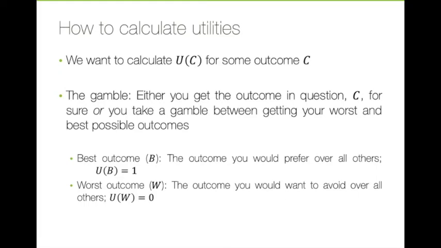So that's the maximum. The utility of our worst outcome, W, the one we want to avoid over all others, will be 0. Those are the two ends of the scale. C, presumably, is going to fall somewhere in between there. And we want to figure out where.